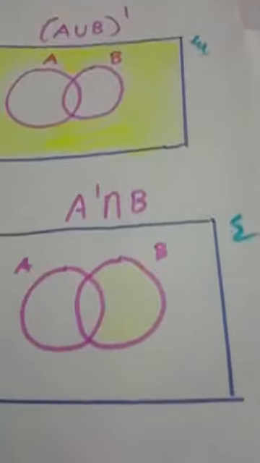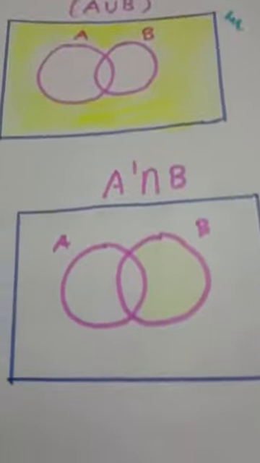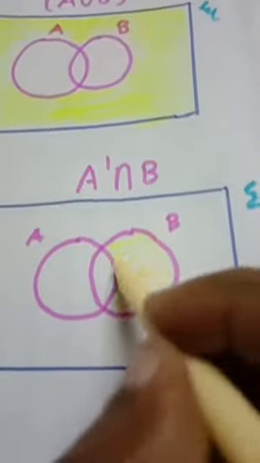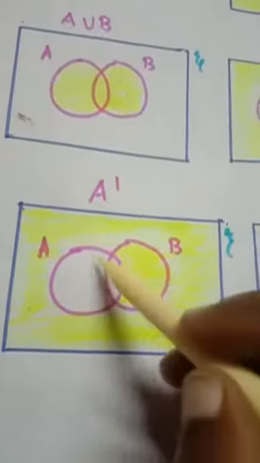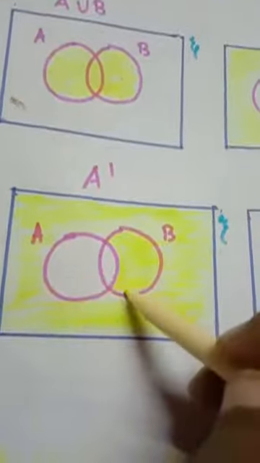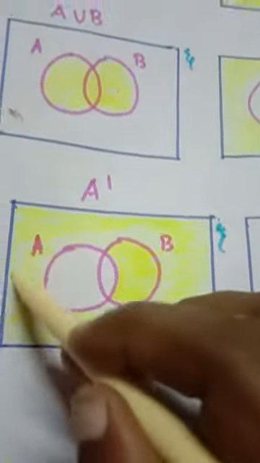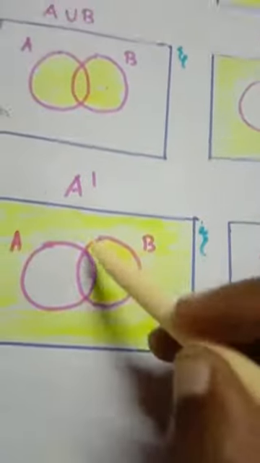Okay. Next, A complement intersection B. A complement means not in this A. Intersection B means only B we want to mark. How? A complement means except this A, all other portions.